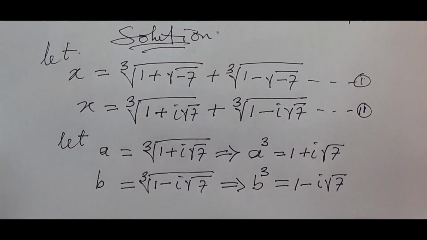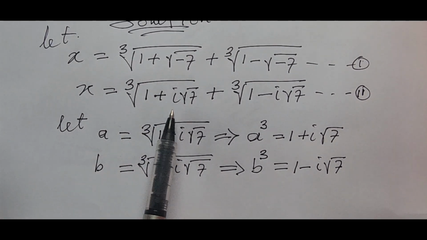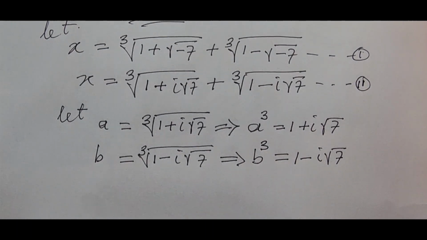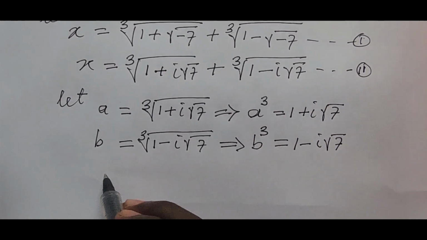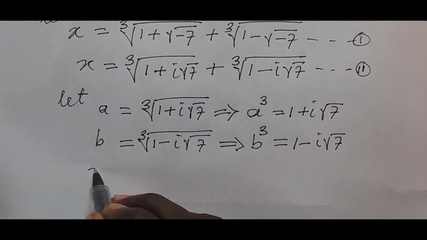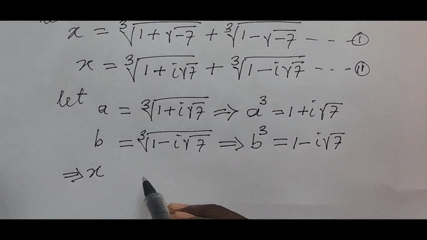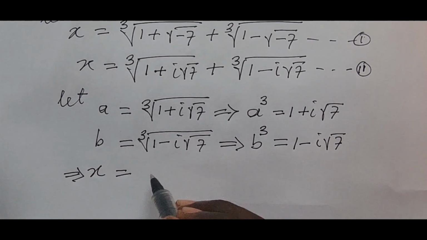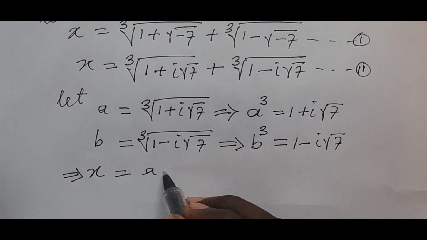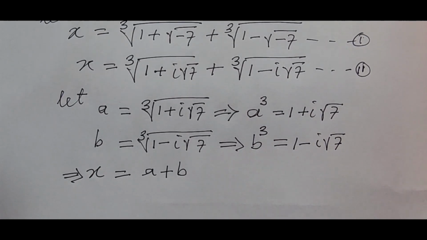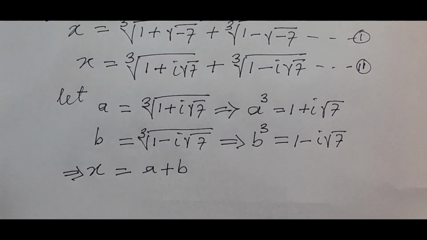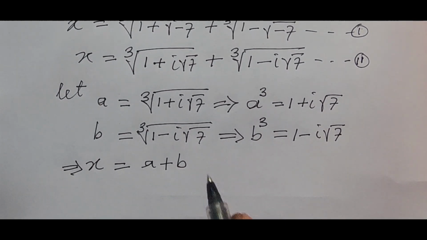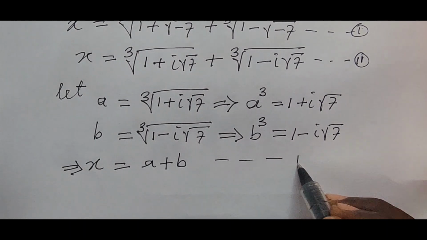So we can rewrite the whole of equation 2 with this expression. Equation 2 now implies that x is equal to A plus B. Let's give this our equation 3.